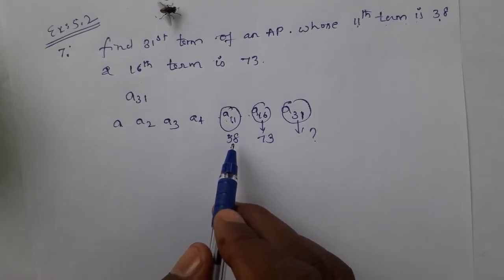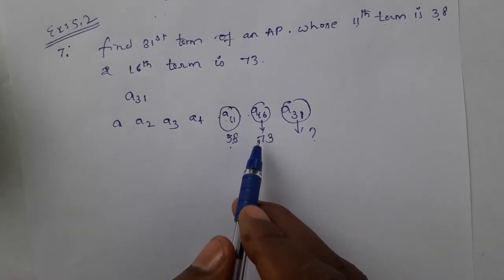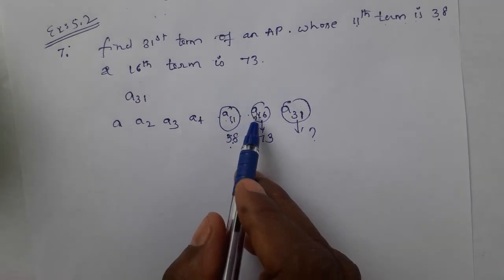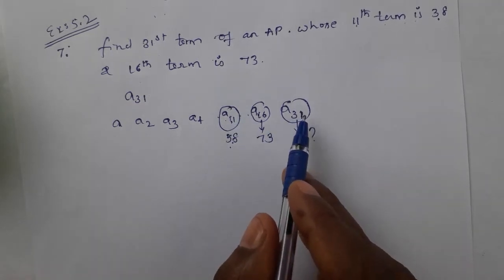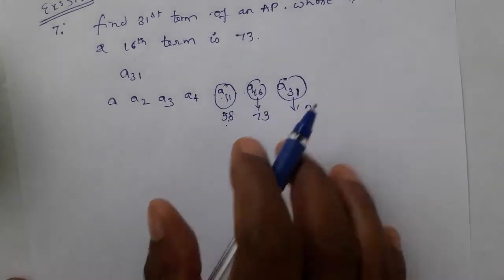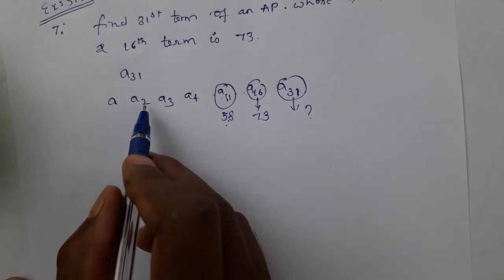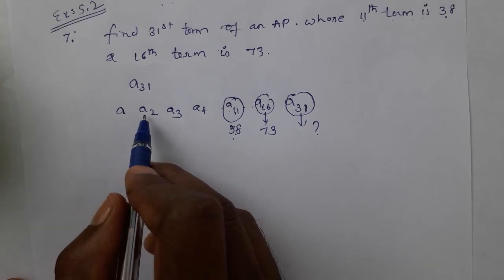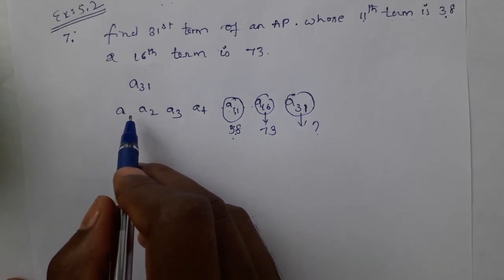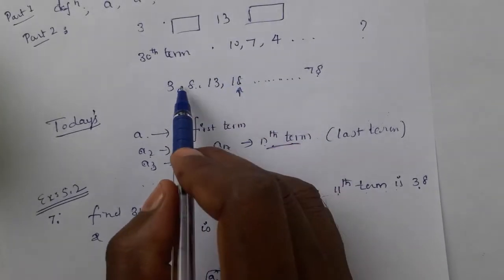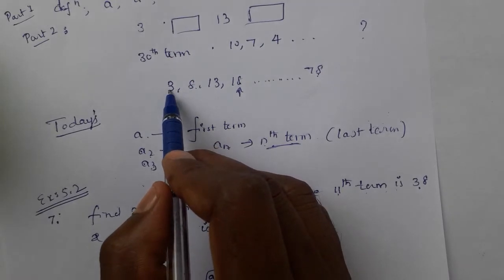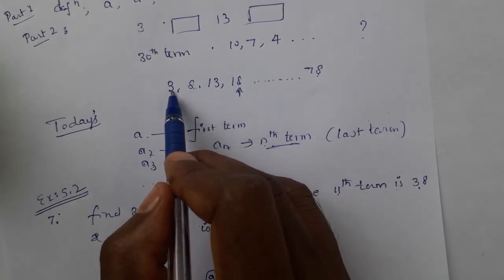Using two values, this 38 and 73, the 11th and 16th, using these two, how to get the value of the other one. It is very simple. If first and second are given, we get the common difference there. You know that if two terms are given, say first term is 3 and second is 8, common difference is 8 minus 3, 5, we will get.